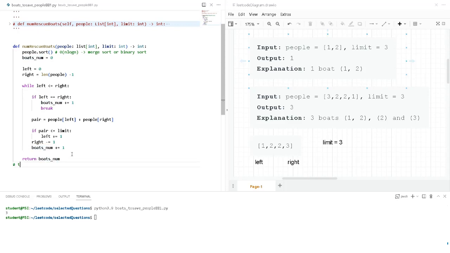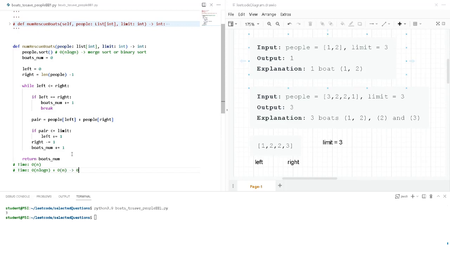So that will take time complexity of big O of n for the while loop, right? However, the actual time complexity of the whole function is big O of n log n from the sorting plus big O of n.